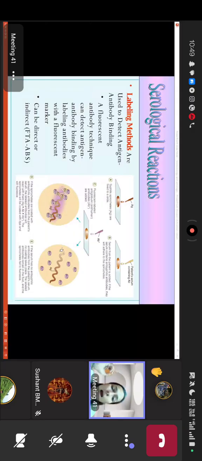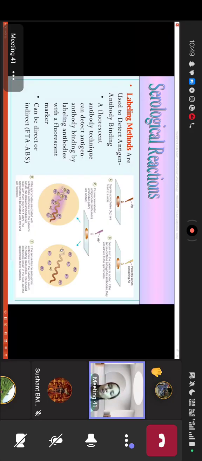If the complex does not occur, no reaction will be visible in the form of fluorescence or dye. Fluorescence is basically a colored object you are able to see at the end of the reaction.